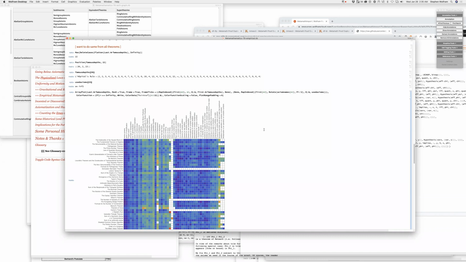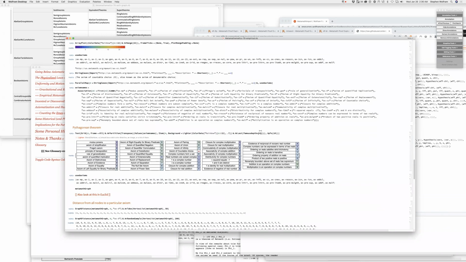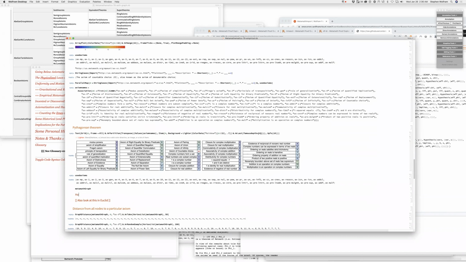We want to know how many different paths there are to reach a given axiom. So for the Pythagorean theorem, how many copies of each axiom are there?